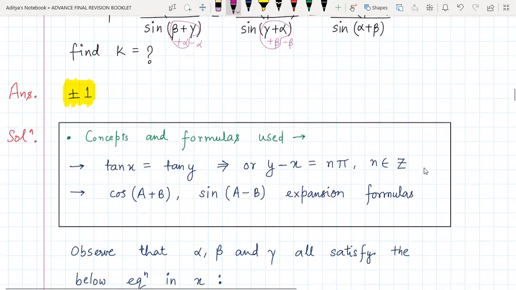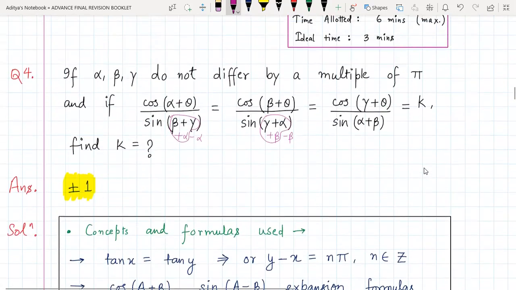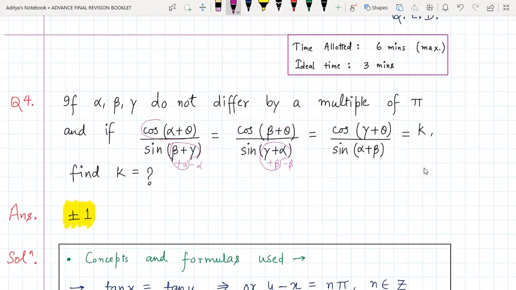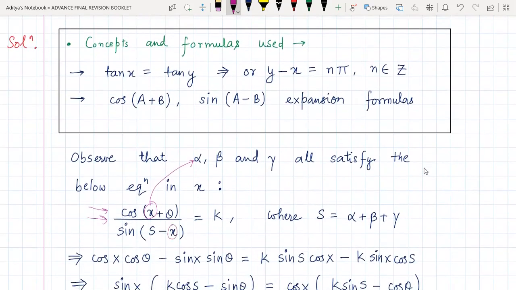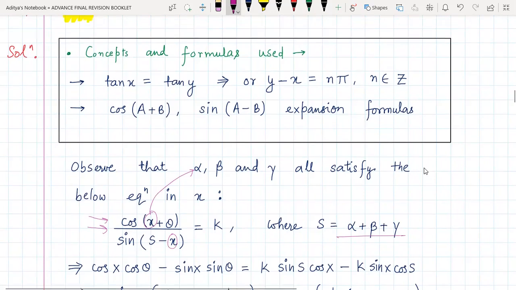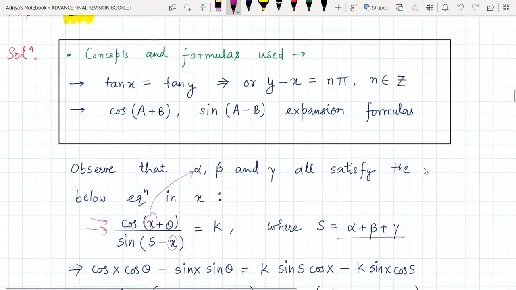For example, if in place of X you put alpha, what do you get? In the numerator, you get cos of alpha plus theta, and here also we have cos of alpha plus theta. And what is S minus alpha? Clearly it would be beta plus gamma. So in the denominator we get sine of beta plus gamma, and that entire thing is obviously equal to k, and here also it is equal to k.